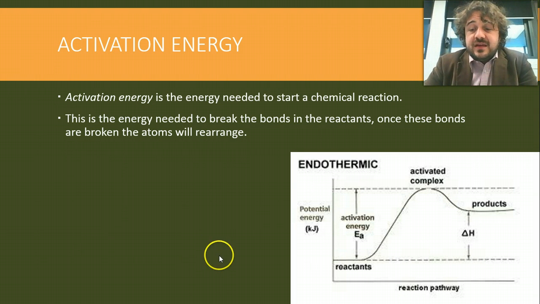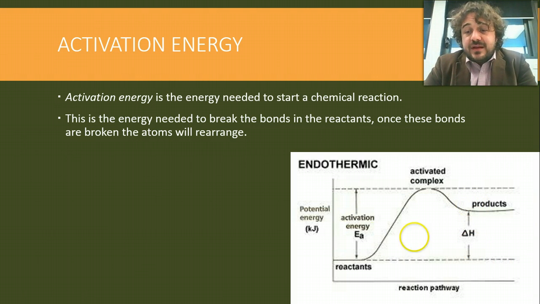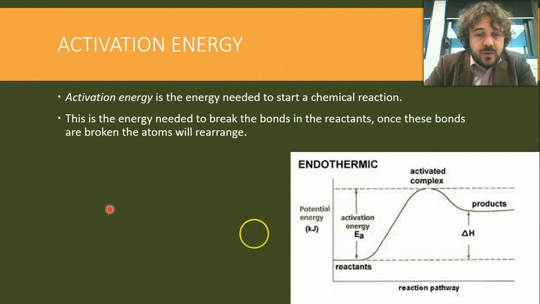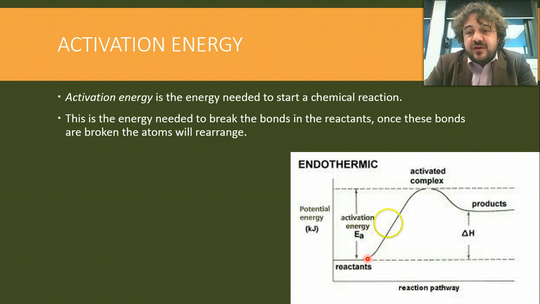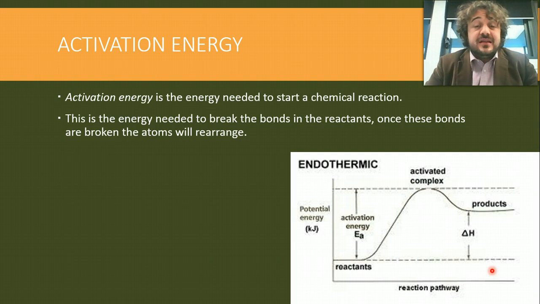Over here, we see a positive change, which means it's an endothermic reaction. So if it went up and then down below here, so there's less energy than when it started, we'd call that an exothermic reaction.